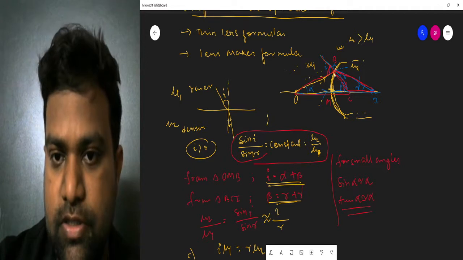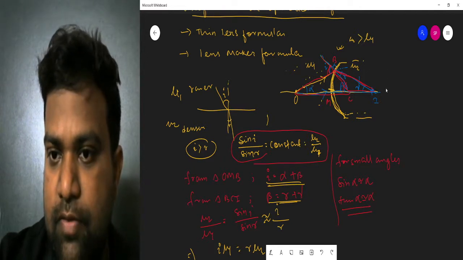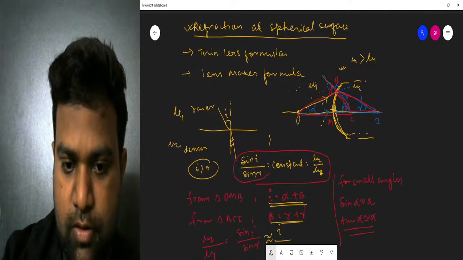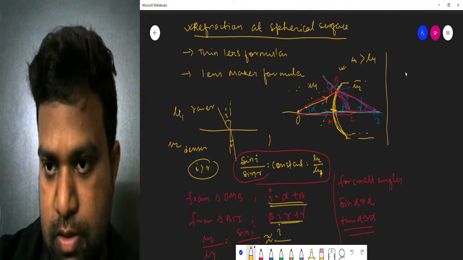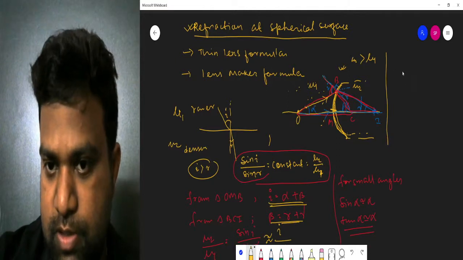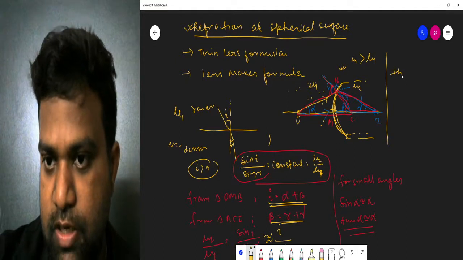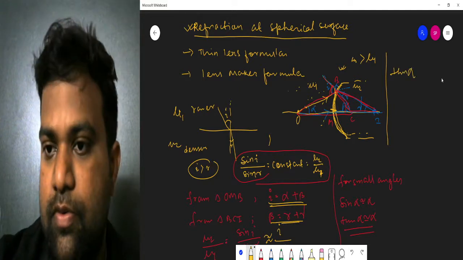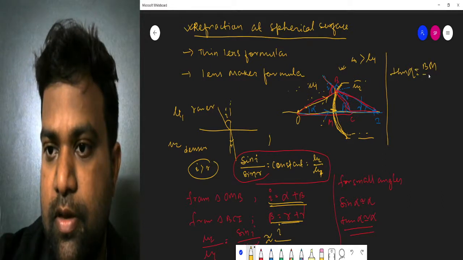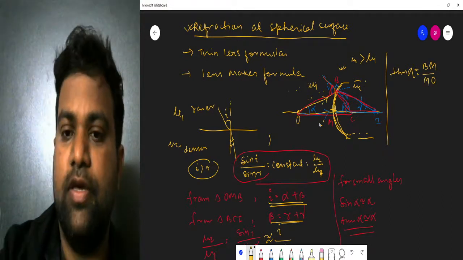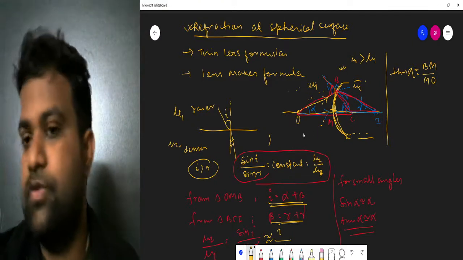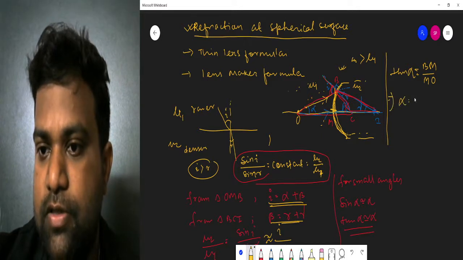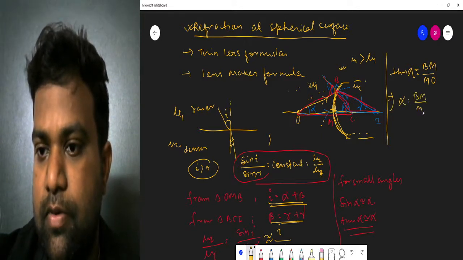Here you can see tan alpha, as I have told, sin alpha and tan alpha. For small angle it is equivalent to alpha approximately. So I can write tan alpha equal to P by B, that is Bm by Mo. Tan alpha is equal to Bm by Mo. So approximately you can write alpha is equal to Bm by Mo.